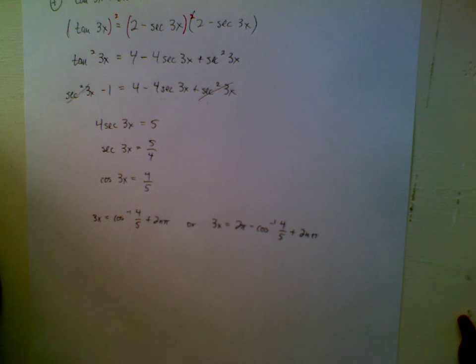Okay. Now 4/5 is not, like cosine inverse 4/5, that's not an angle that we have memorized. So I'm going to have to use my calculator here and see what cosine inverse of 4/5 is.